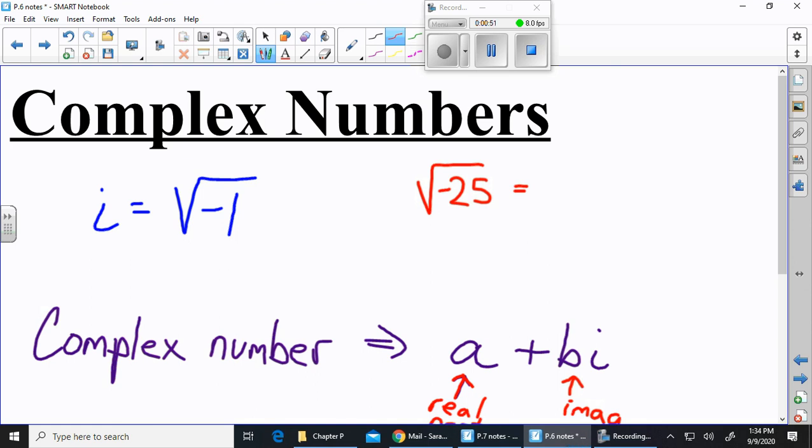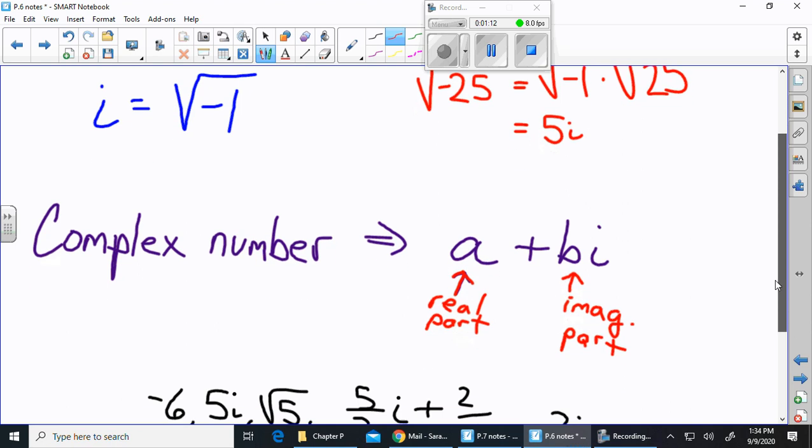But I know that's the square root of -1 times the square root of 25. Square root of -1 is i. Square root of 25 is 5. So that's 5i. Really, if you had a negative underneath the radical, you brought that i out.